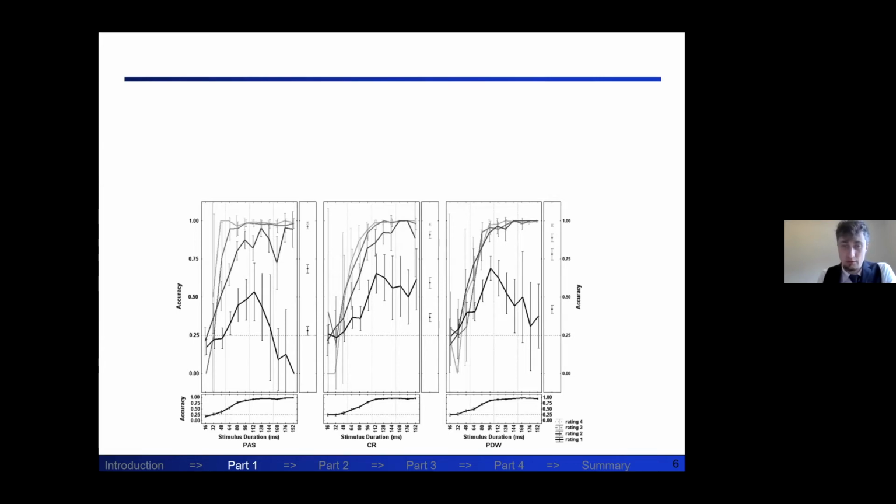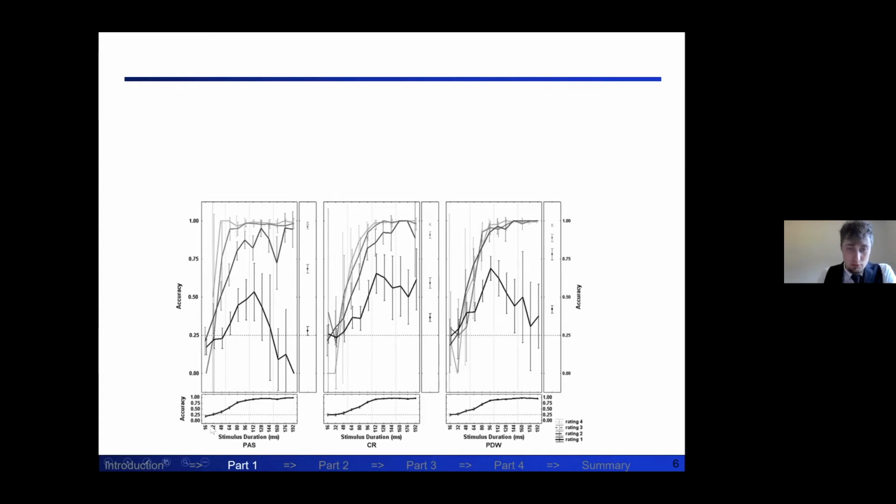Particularly if one scale does this, so that on one scale, people are at chance when they use the lowest rating, but above chance on another scale, we would say that the first scale is probably more exhaustive. In the same way, if the correlation between awareness ratings and accuracy is better for one scale than another, we would say that that scale is likely the preferable one.